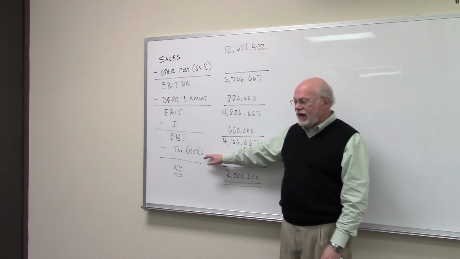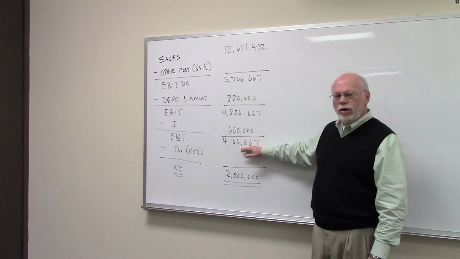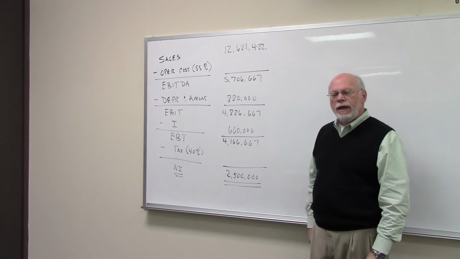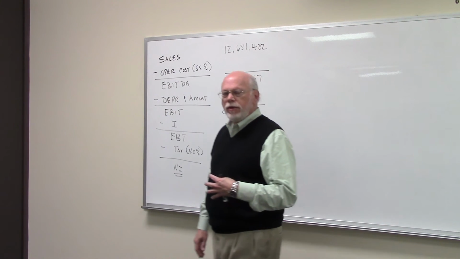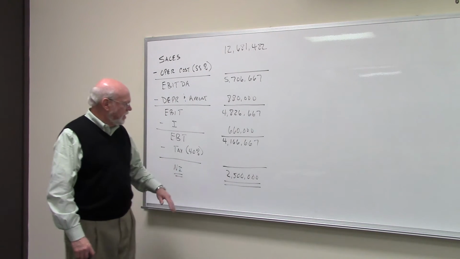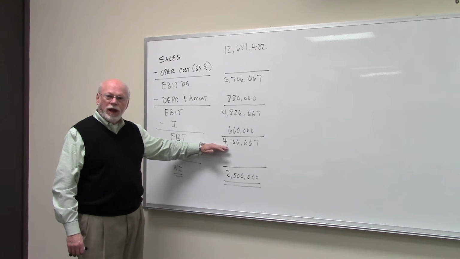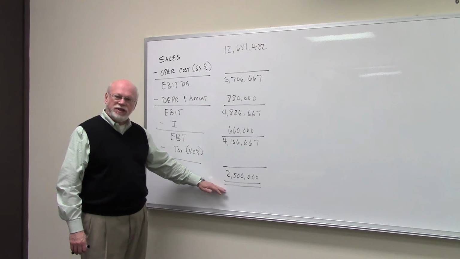Now you can see that the taxes are 40%. So how do we go from net income to earnings before taxes? Well, you have to remember that earnings before taxes multiplied by 1 minus the tax rate gives us net income.